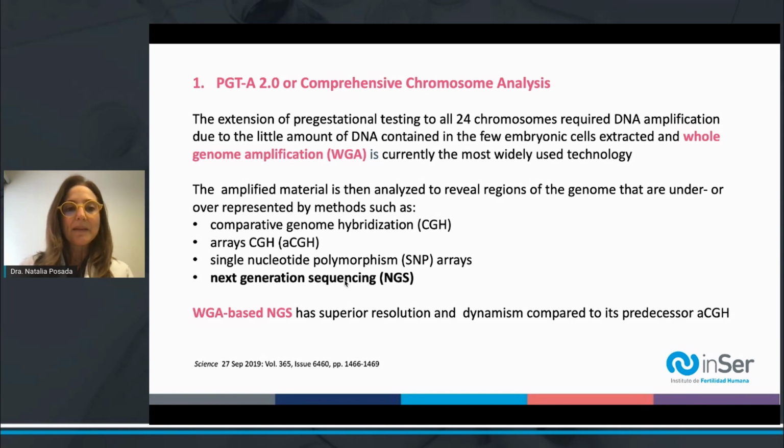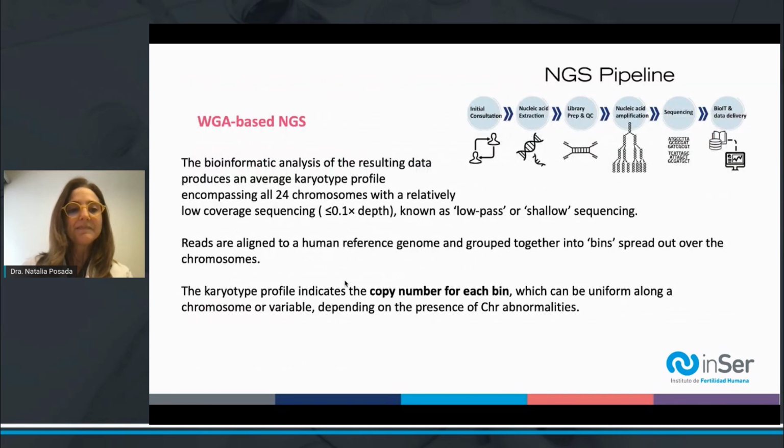Today, the combination of whole genome amplification based next generation sequencing is the most popular method currently used because of its high resolution and possibilities given by the technique.